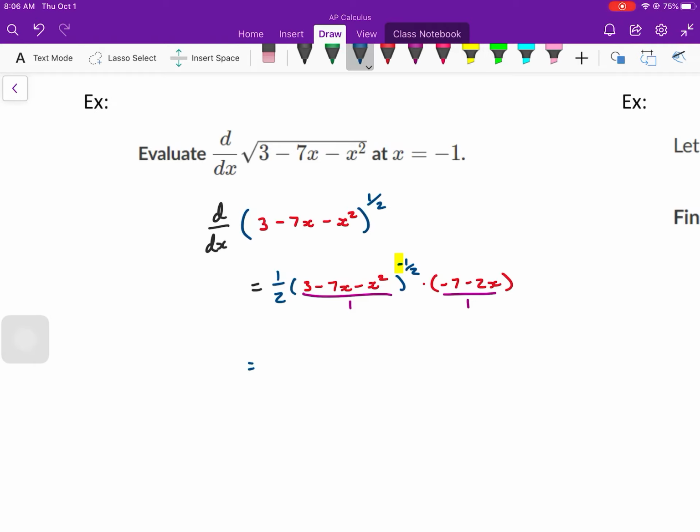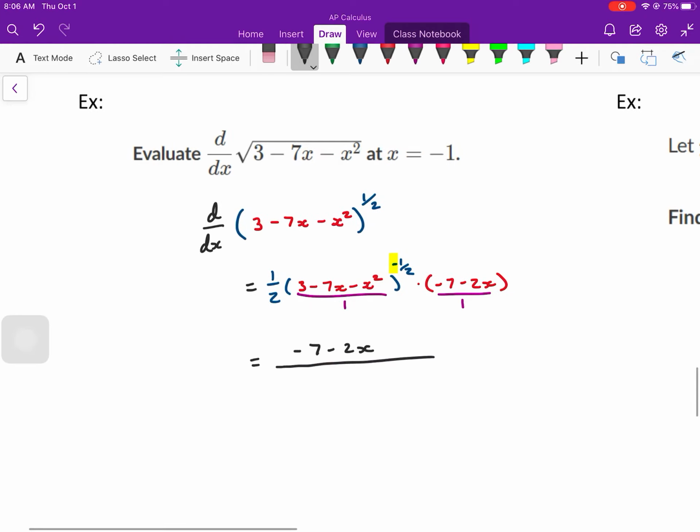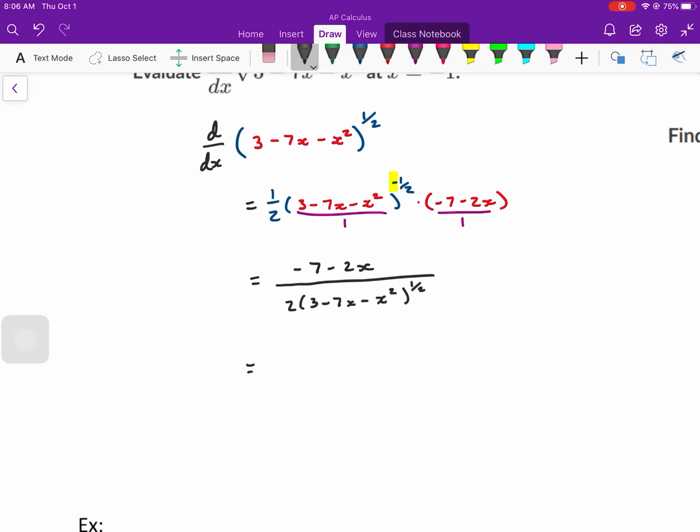And then the negative 7 minus 2x will be on the top. And that becomes a positive 1/2. So now we can change it back into a square root.